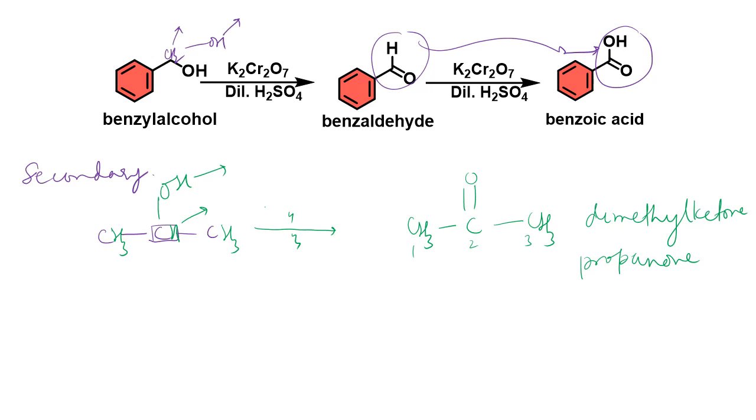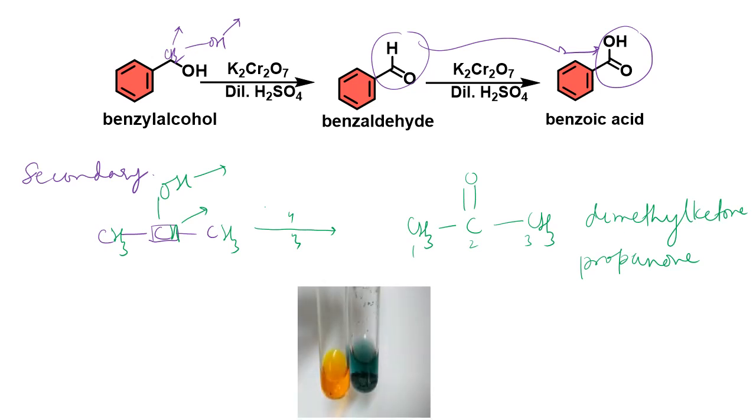When it is carrying out oxidation, it itself is undergoing reduction, and its oxidation state is changing from +6 to +4, and in the lab you will be able to see a distinct change in the color of the dichromate solution. So this particular solution contains chromium +6, and after reduction of chromium or oxidation of alcohol, as we say, this chromium is in a state of +4.